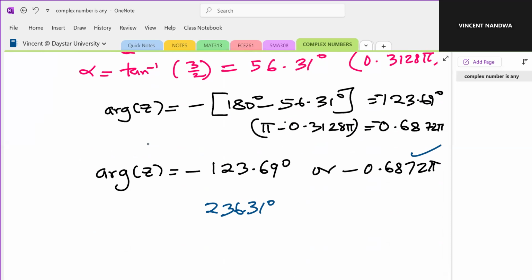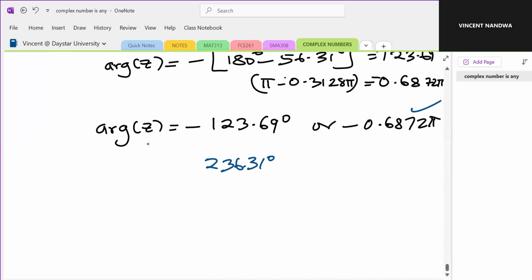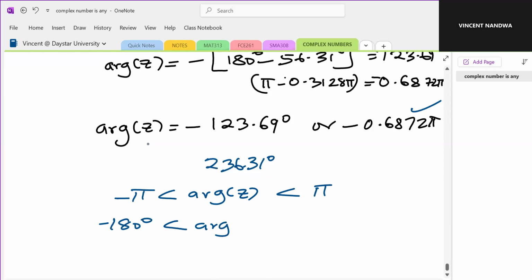And then the other case is going to be, so let you not be confused, we are saying that if you restrict yourself to defining argument as principal argument, then the angle should be between minus pi to pi, or what we say minus 180 degrees to 180 degrees.